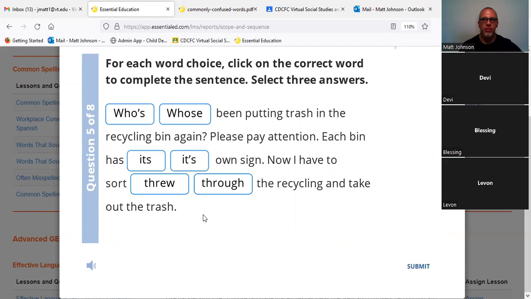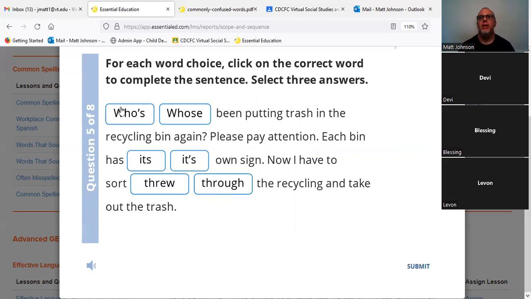Okay, and who's been putting trash in the recycling bin again? Please pay attention. Each bin has its own sign. Now I have to sort through the recycling and take out the trash. It's asking a question here. Who is been putting trash in the recycling bin again?